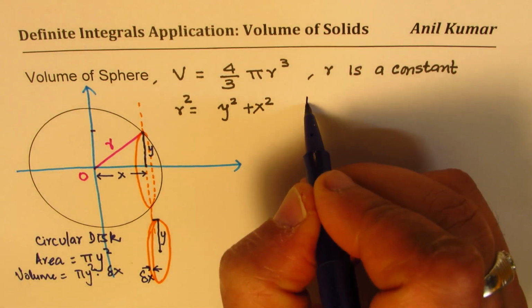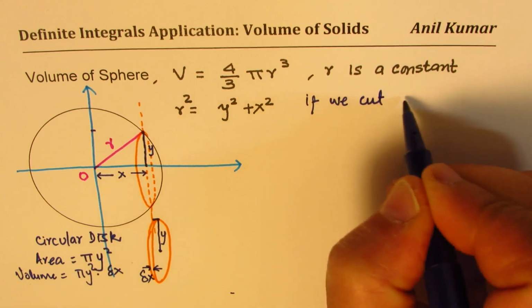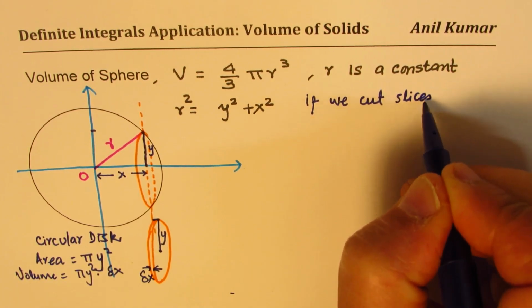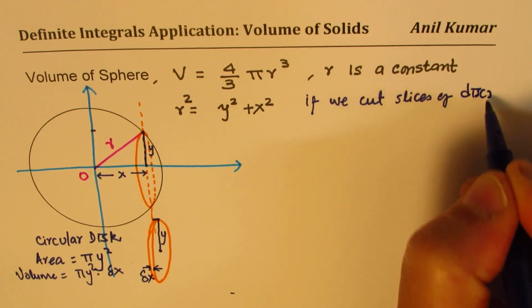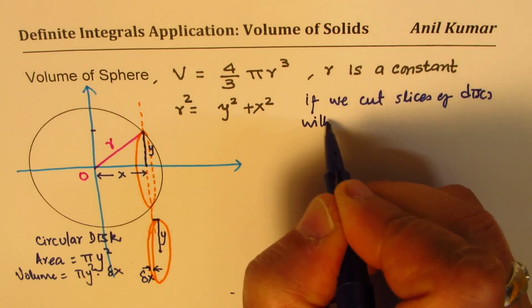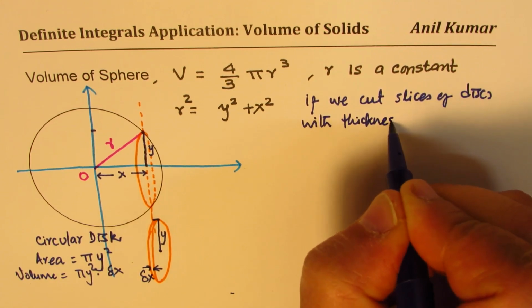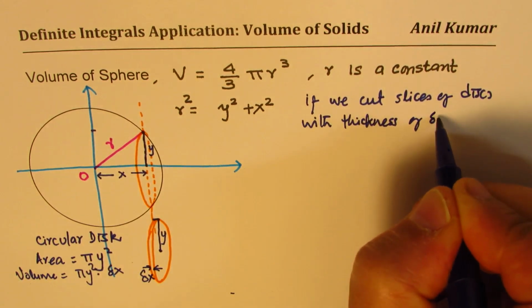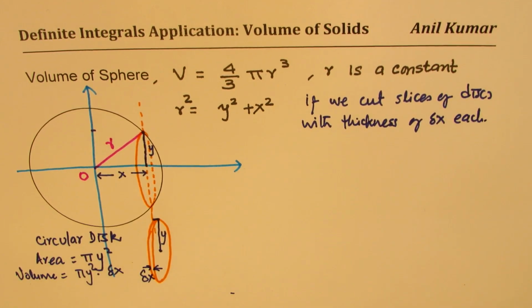So if we cut slices of disc with thickness of delta x each, correct? Then what happens?